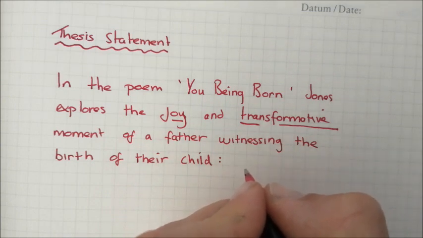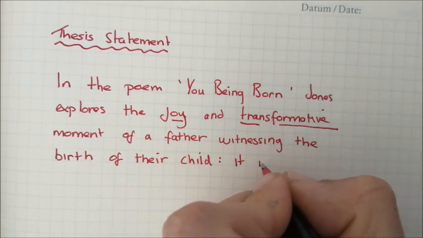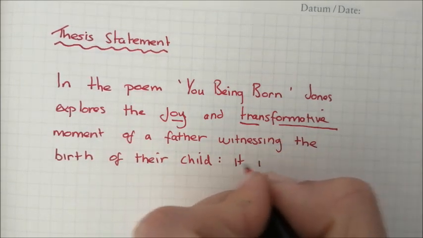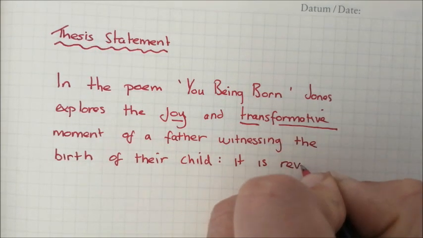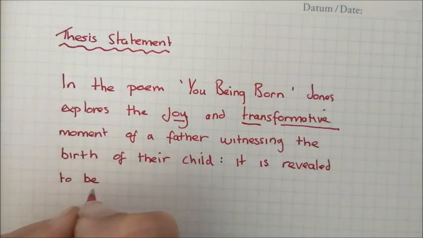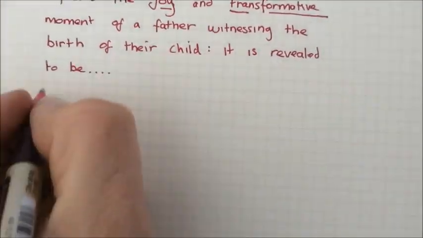Okay, now it is revealed to be three things. Let's work out what they are in some really, really beautiful clauses. Now, this is your challenge. It's revealed to be what?